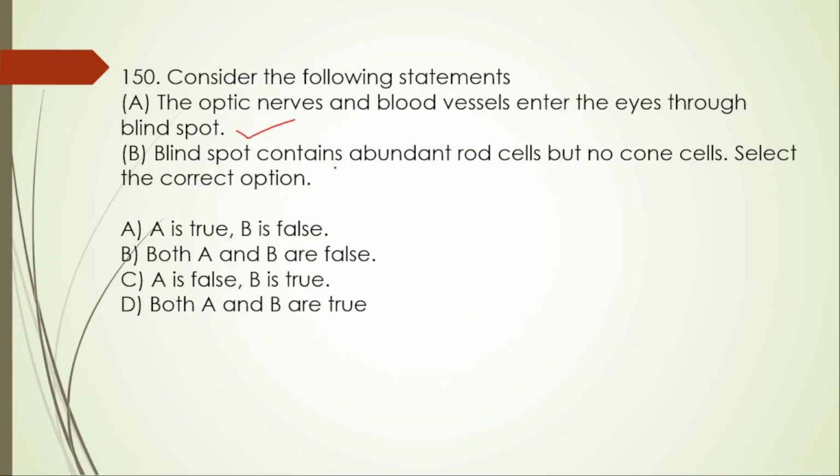B, blind spot contains abundant rod cells but no cone cells. This one is false. Blind spot is called blind because it lacks all the photoreceptors. It contains neither the cones nor the rod cells. So this one is wrong. A is true and B is false. The right option is A.